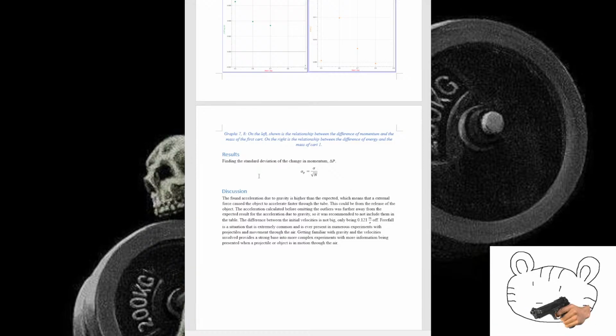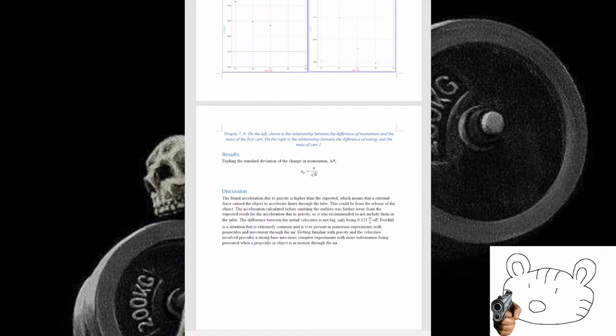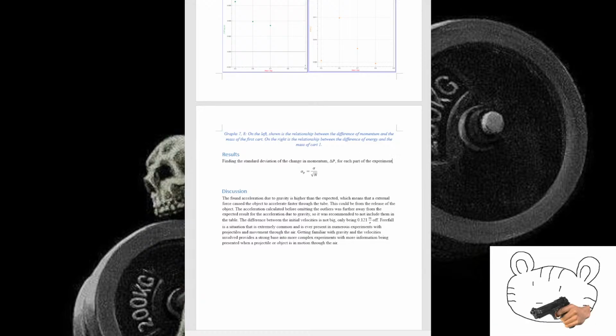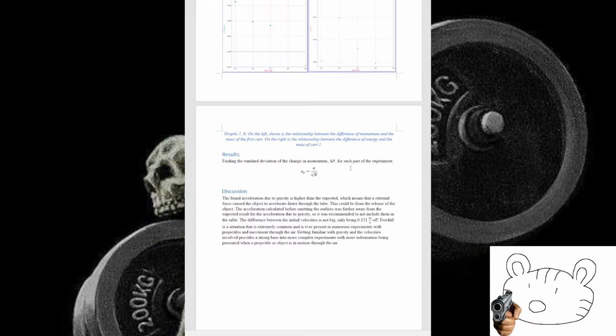So we want to do this for each part of the experiment, change of momentum, delta P for each part of the experiment. This is going to be really tedious. It's only going to be 8 equations that I'm going to follow in quick succession.